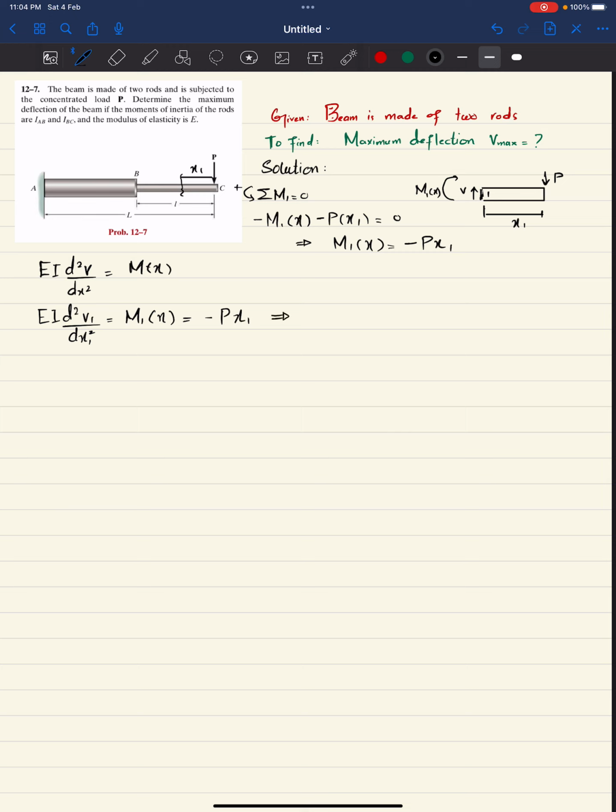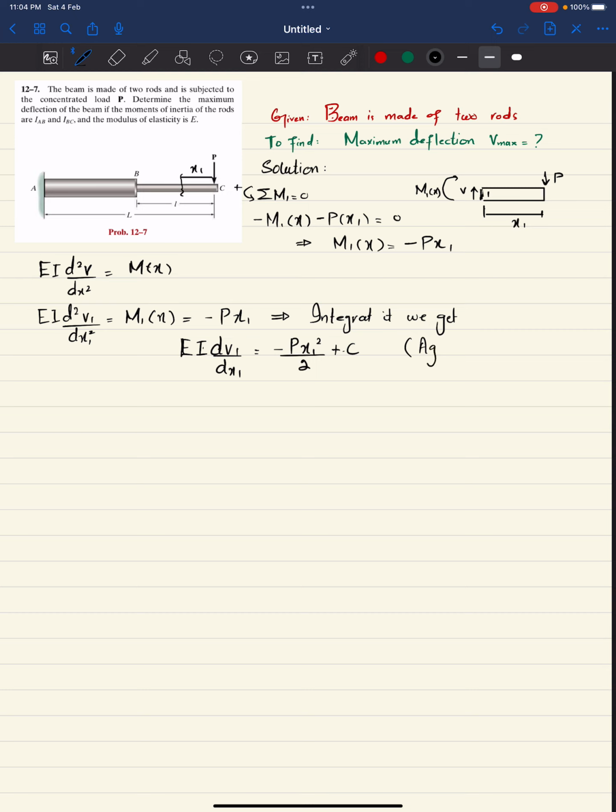Integrating it once, we will get EI dv1 over dx1 equal to minus P x1 square over 2 plus c1.